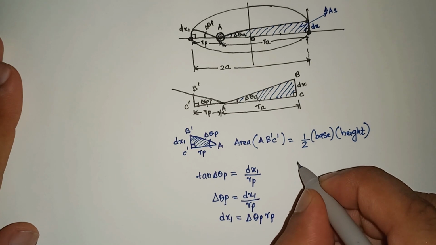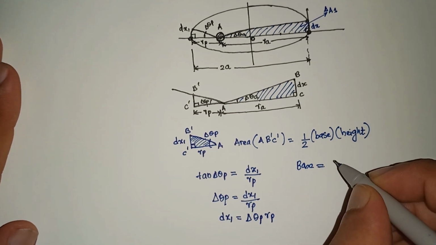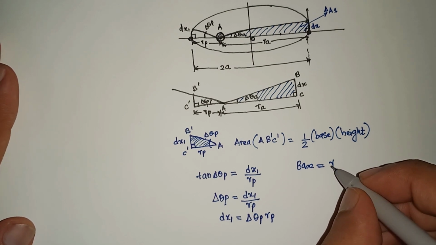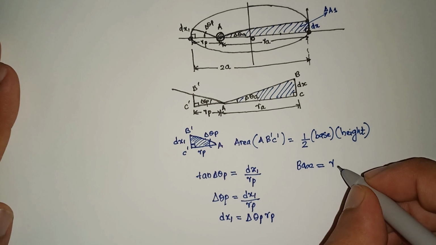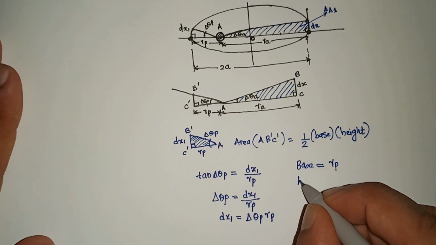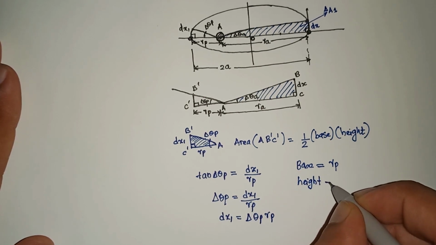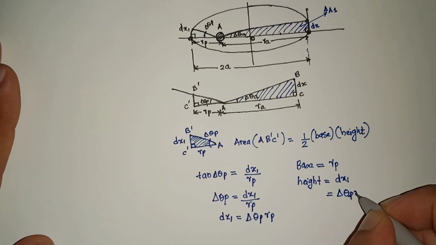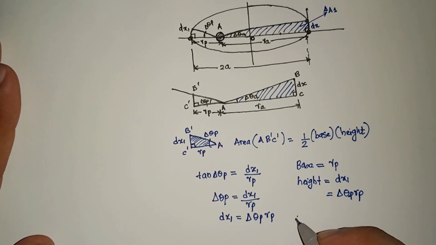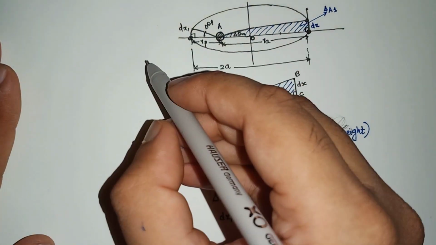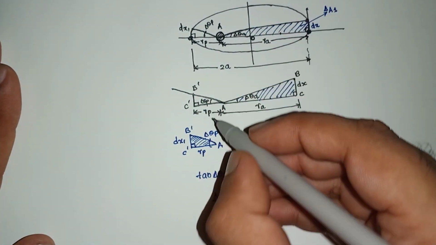So in this triangle we can write your base is equal to r with suffix p. So base is actually rp, this is the perihelion distance or the perihelion radius. Now your height is nothing but dx1, so it is delta theta p into rp. Therefore your delta a1, or sorry, here it is delta a2, because here we have taken delta a1, so obviously here we are going to take the area of this triangle.